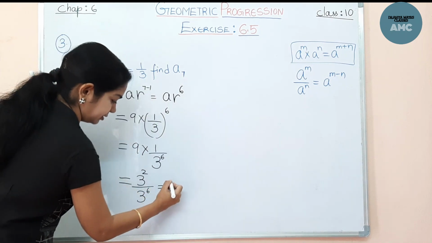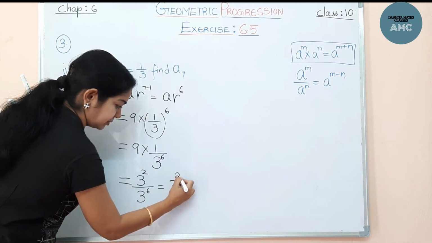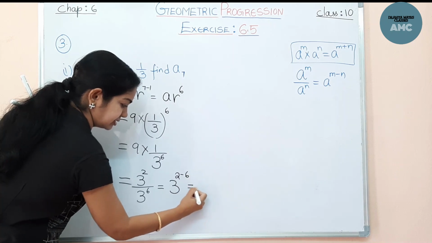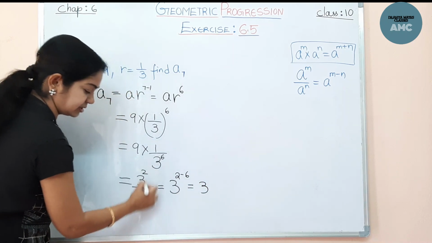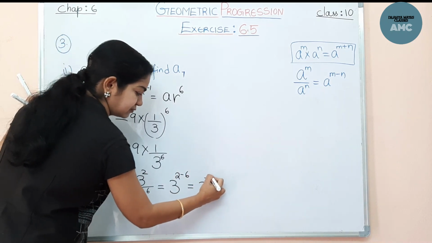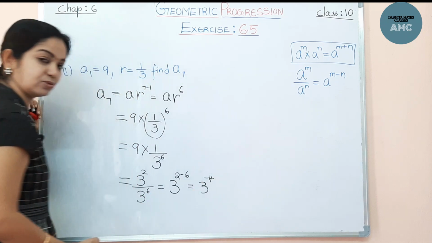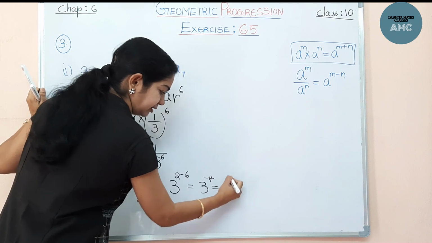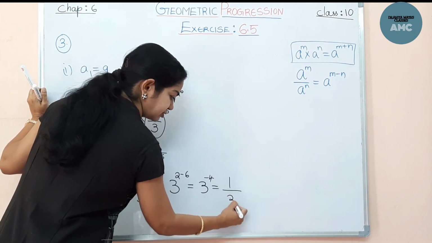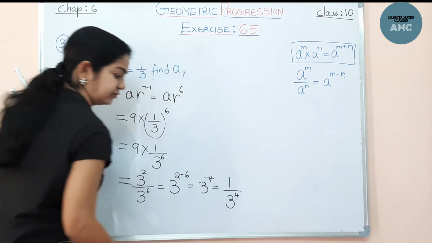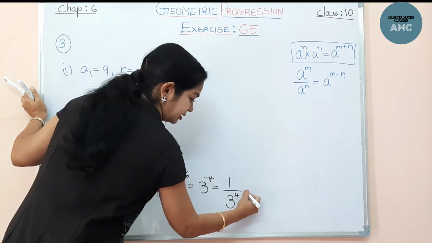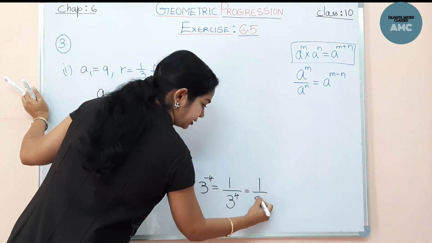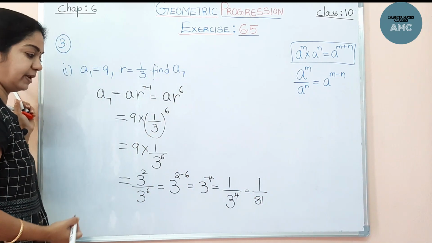Now here 3 to the 2 minus 6 comes to 3 to the minus 4. Now also we can further simplify it. If you remove the minus sign, it goes below: 3 to the power of 4, that is 1 by 81. 3 multiplied 4 times, 1 by that.